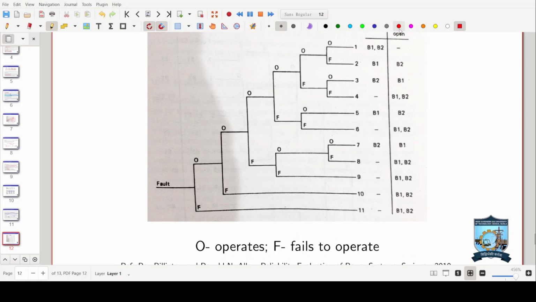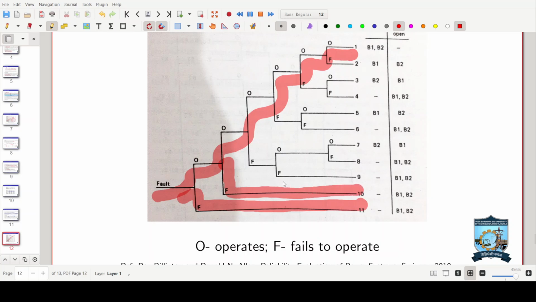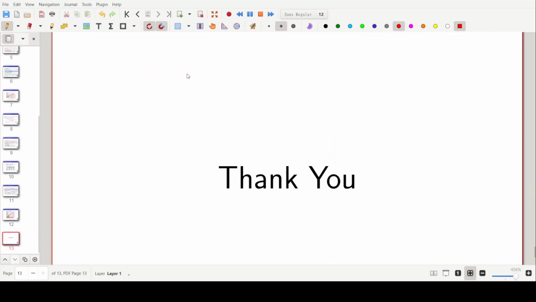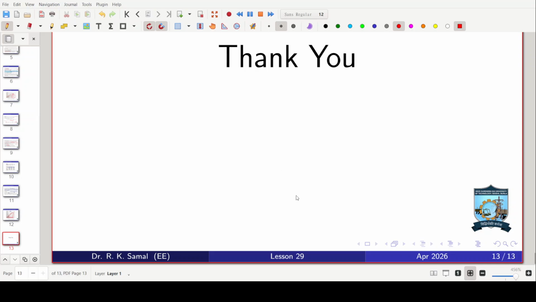We have to obtain the probability of each of these paths, by multiplying the probability of each of the events along the path, then adding up these paths 1, 2, 3, 4, 5, 6, 7 depending on our requirement. Okay, fine. So with this we conclude the concepts of reliability evaluation for protection systems.